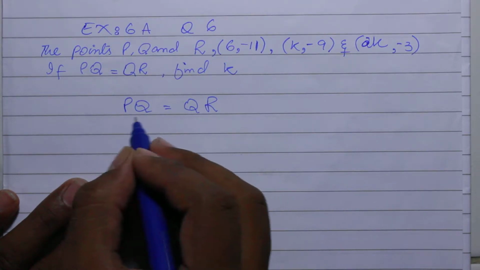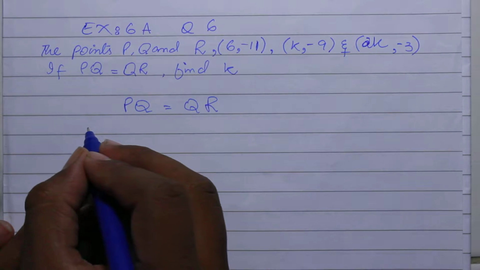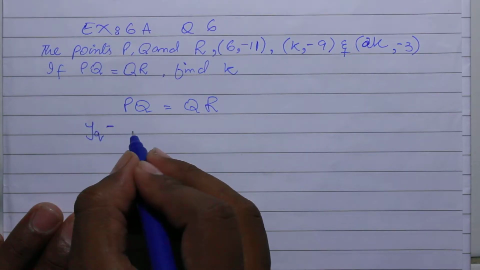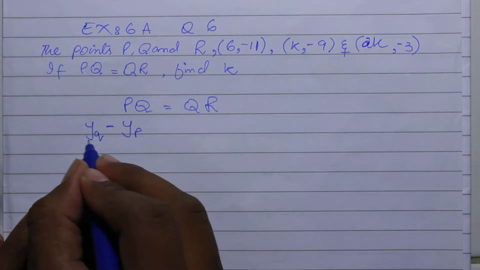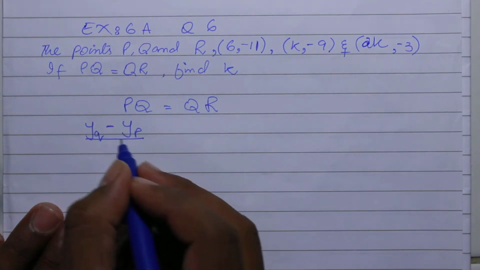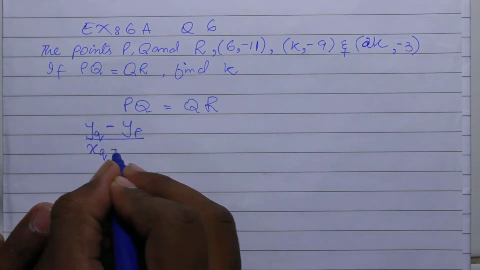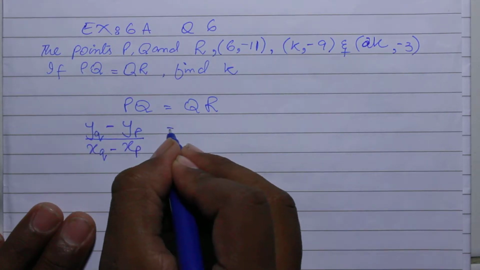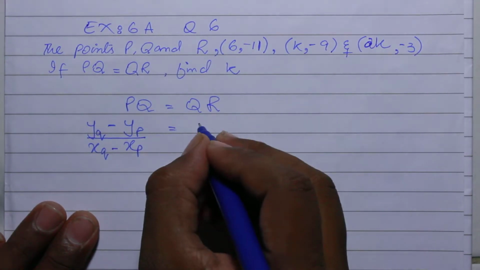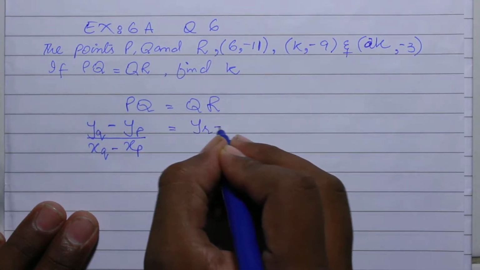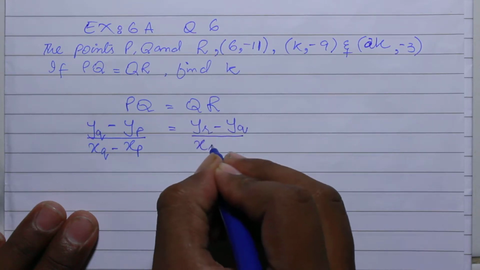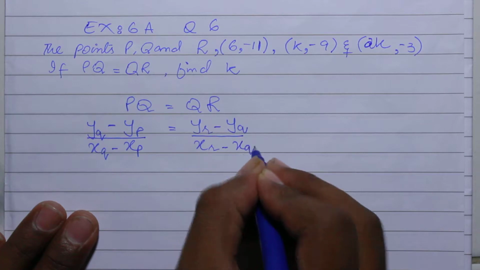The slope of PQ is y of Q minus y of P, over x of Q minus x of P, equals the slope of QR, which is y of R minus y of Q over x of R minus x of Q.